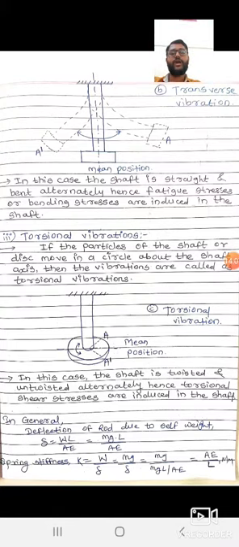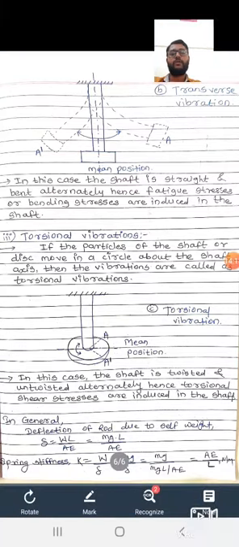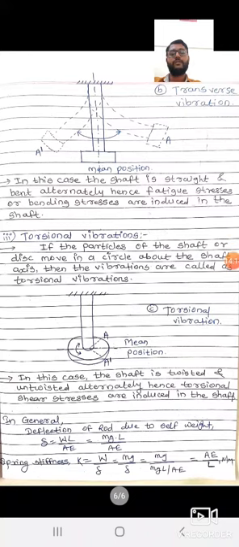W is nothing but mg, and delta is mgL upon AE, so K equals AE by L. A is area, E is the elastic property, and L is length, in Newton per meter.